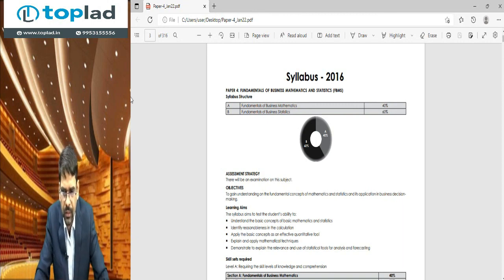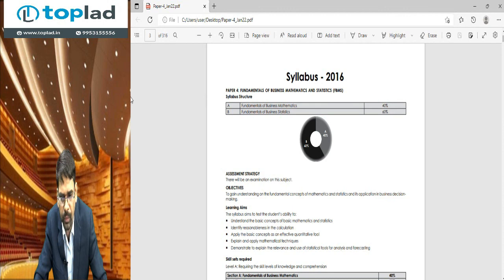Basically, today we will discuss the structure of the CMA Foundation subject Fundamental of Business Mathematics and Statistics. What is the syllabus structure, and the marks allotted to each chapter?